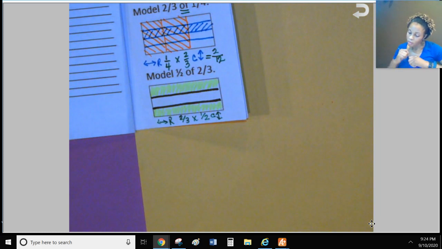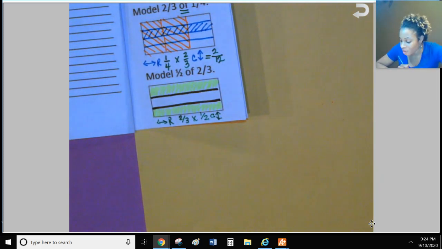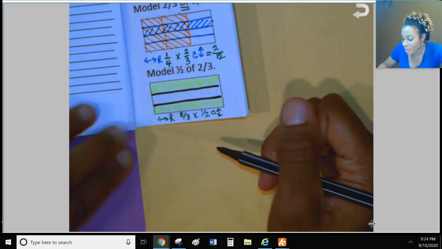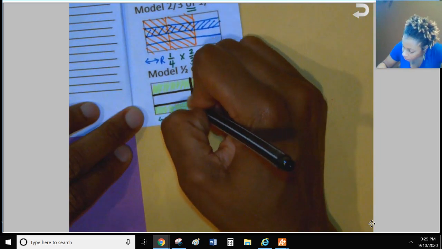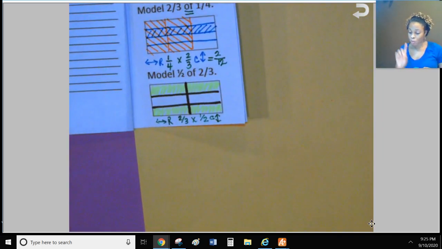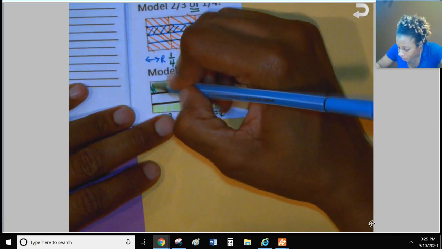Then what is 1/2 of? So because the second fraction is 1/2, that means I'm going to have 2 columns. So I'm going to split this. And now I have 2 columns. And of those 2 columns, 1 out of 2 is shaded. So if I was going to go and shade, I'm going to just shade these on my left.